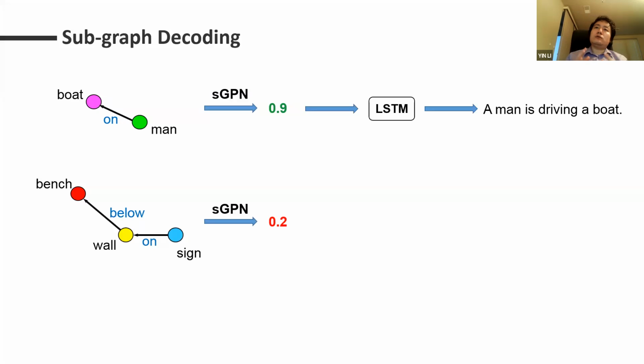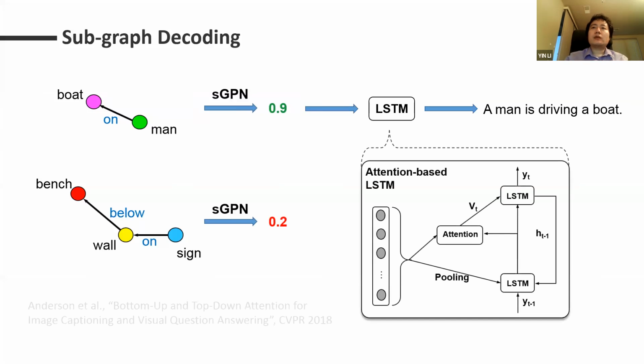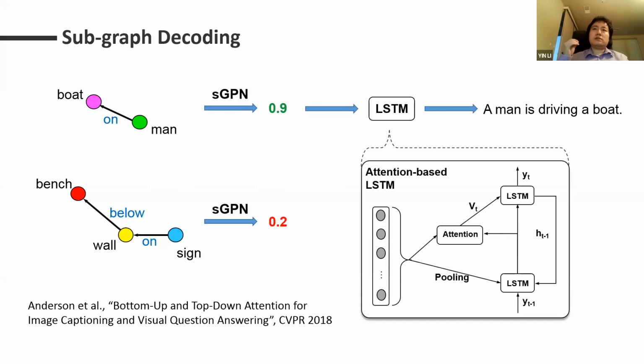And then we're going to build almost a graph-based LSTM model, trying to decode this particular subgraph into one of the ground truth sentence captions. Now here, this is almost exactly the same LSTM adopted from Peter Anderson's paper, the bottom-up and top-down attention paper. The only modification we did is to allow this LSTM to consider the graph structure at the very beginning.